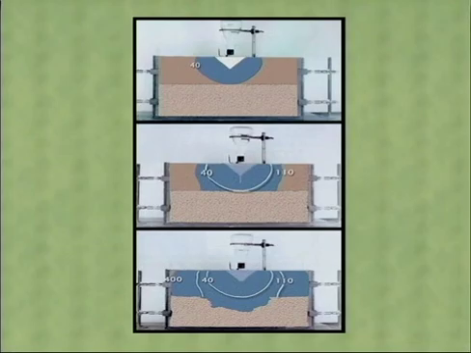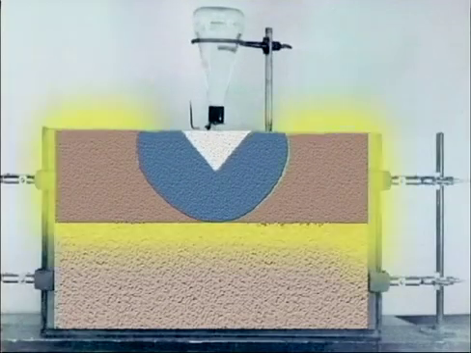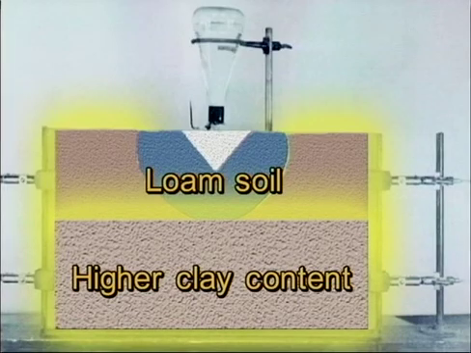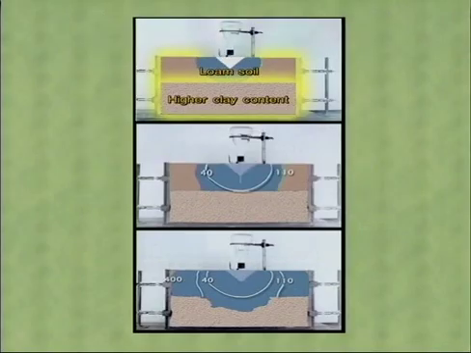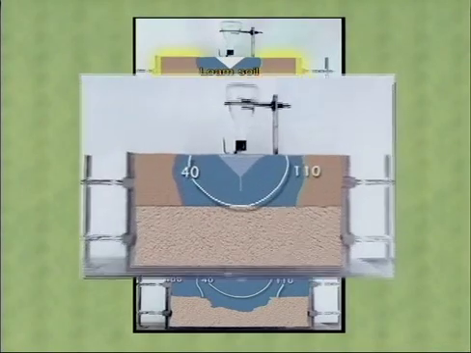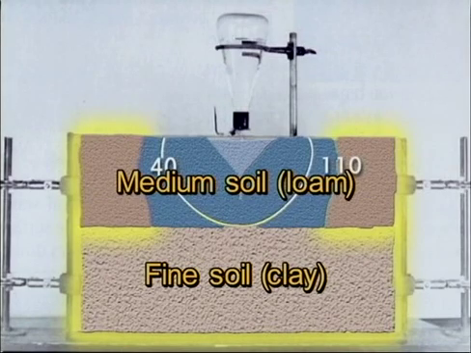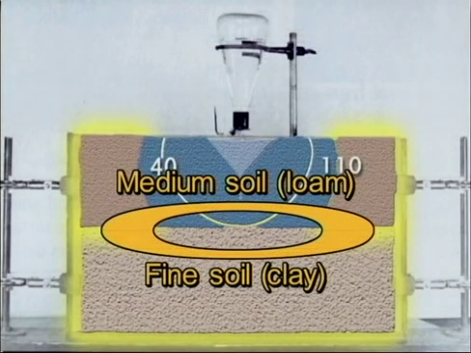What would happen if this were a loam soil and this soil down here were a higher clay content soil, meaning a finer textured class? It would be very similar to what we have right here. In other words, if this were a fine layer of soil buried beneath a medium or a loam textured soil on top, we would also see a slower rate of water movement into this layer below.